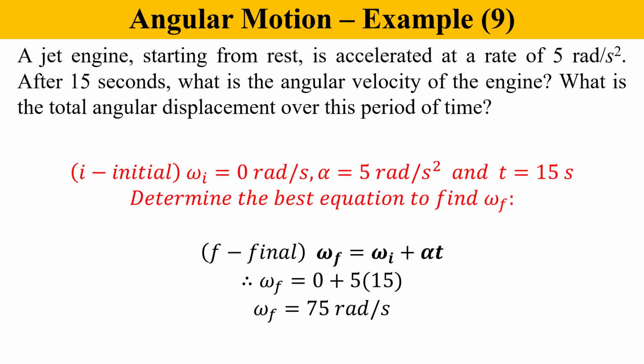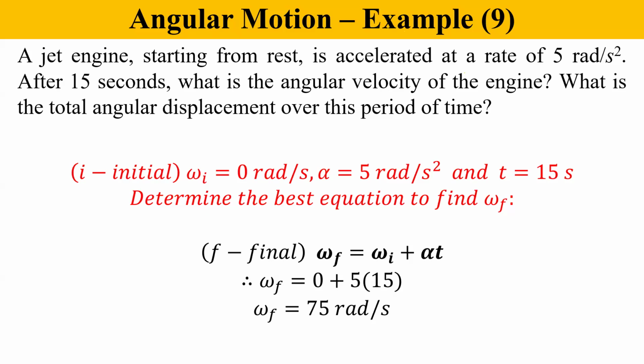So we are seeing that the first equation of angular motion is sufficient to give us the final velocity, because the initial velocity is 0. We have acceleration and we have time. So the final velocity, omega f, is 75 rad per second.